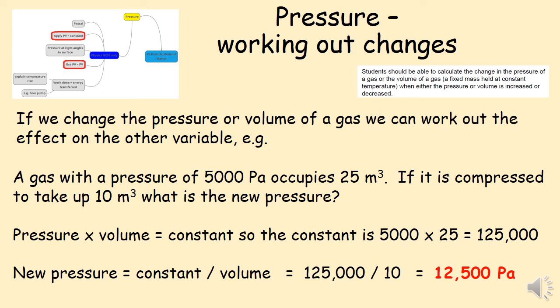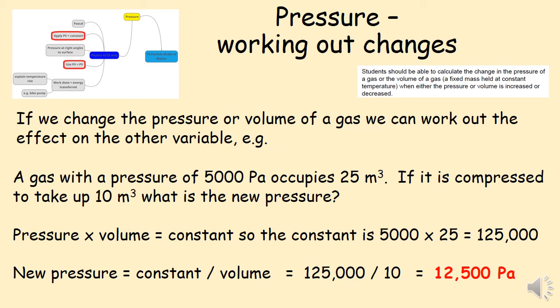So, giving you an example here. If we have a gas with a pressure of 5,000 pascals occupying 25 cubic metres, if it's compressed to take up 10 cubic metres, what's the new pressure?